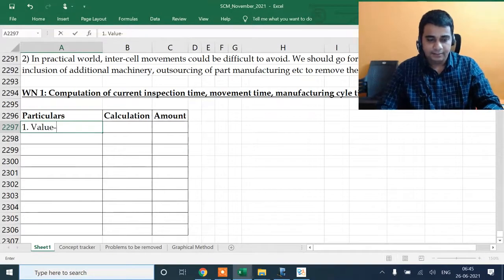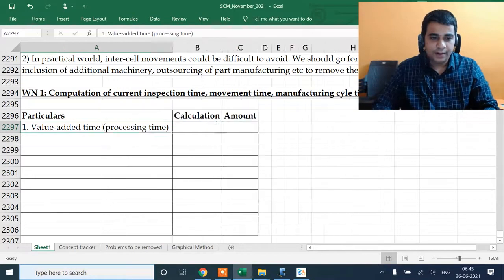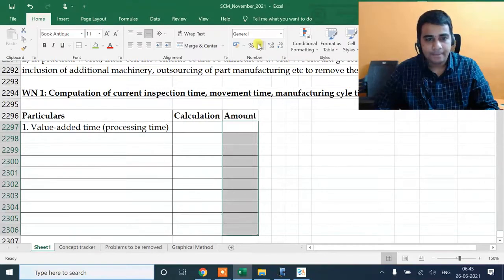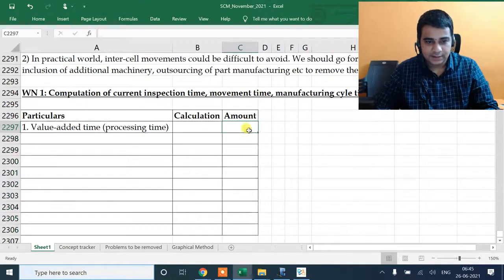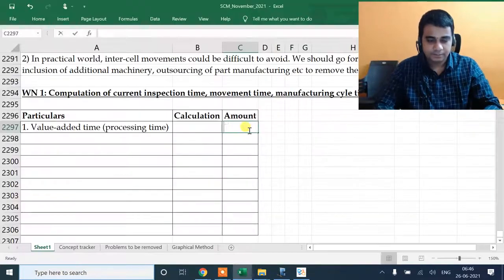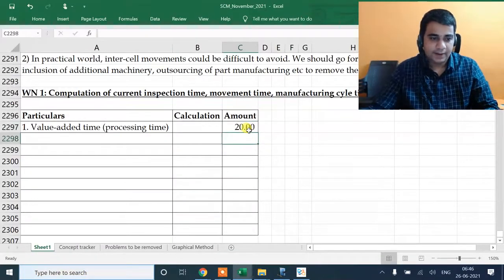So the only value added time is processing time.